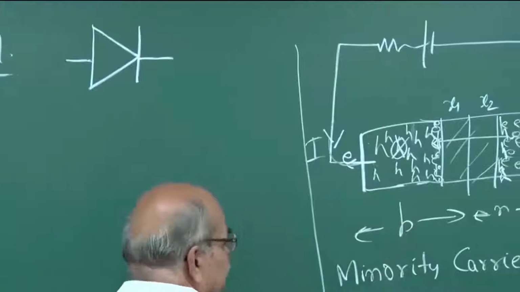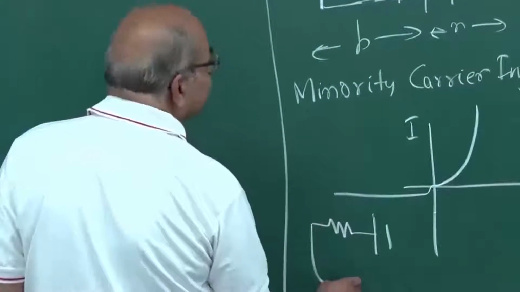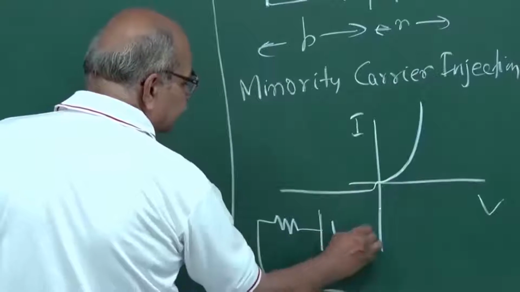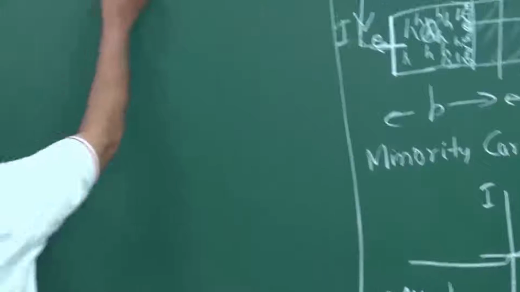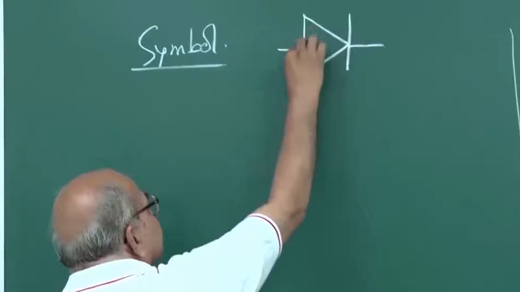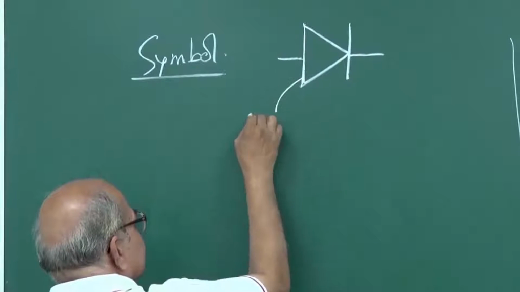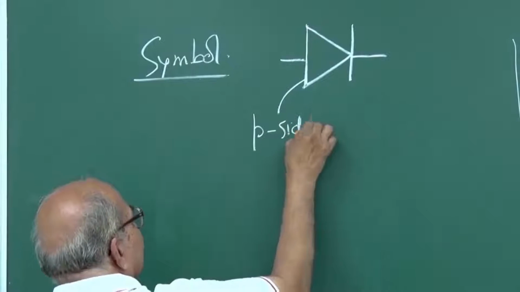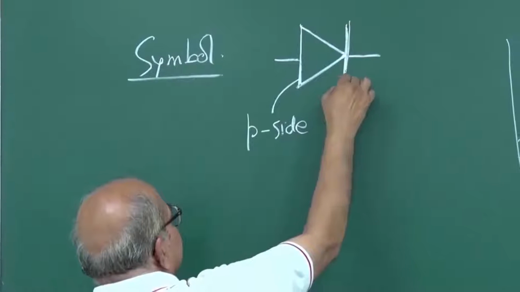I have a cell, I have a resistance, and then I have a diode, and like this. And in this symbol, this base side represents the P side, and this vertex and a line here represents the N side.